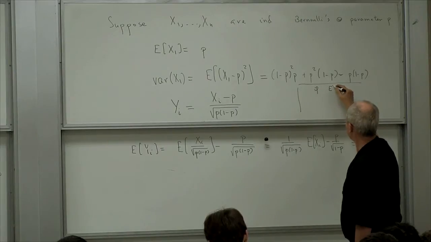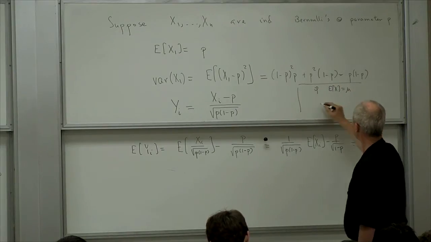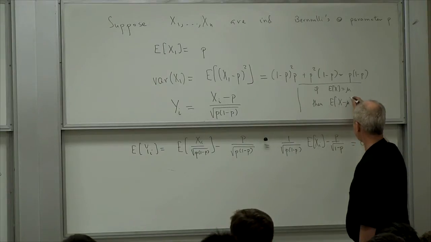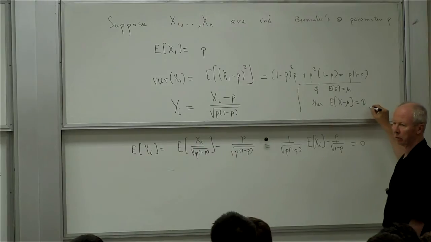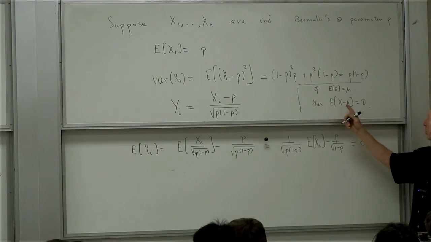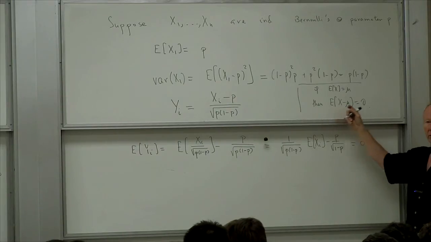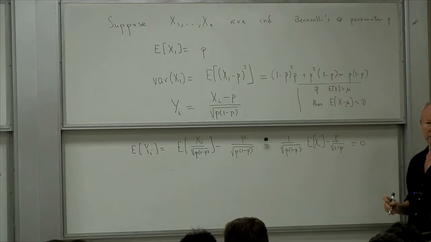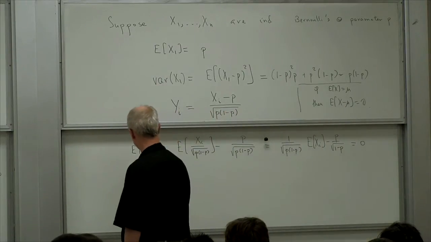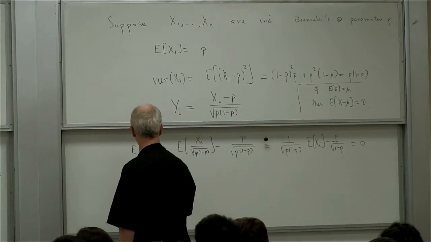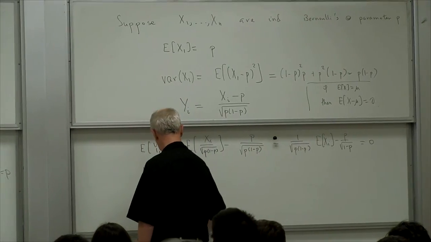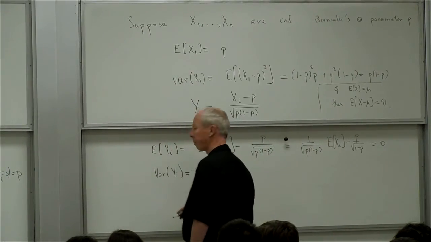If the expected value of X is equal to mu, then the expected value of X minus mu is equal to 0. If you integrate a function and get a number, and then you subtract that number from the function and then integrate, you're going to get 0. And similarly, I won't go through this, the variance of Yi is 1.